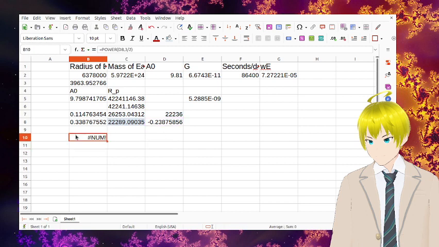Oh, negative, because this is negative. Abs of this. Oh, it's the same order of magnitude as this. These errors are the same size.